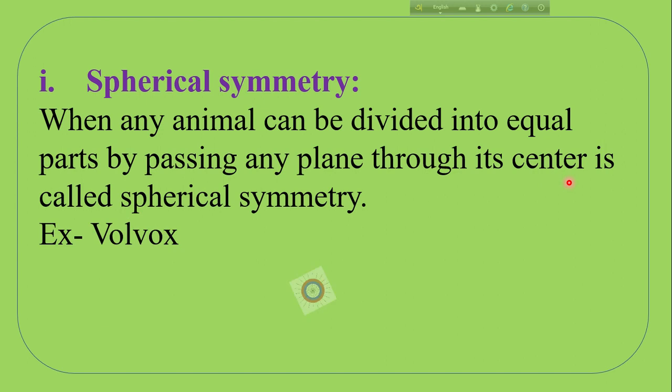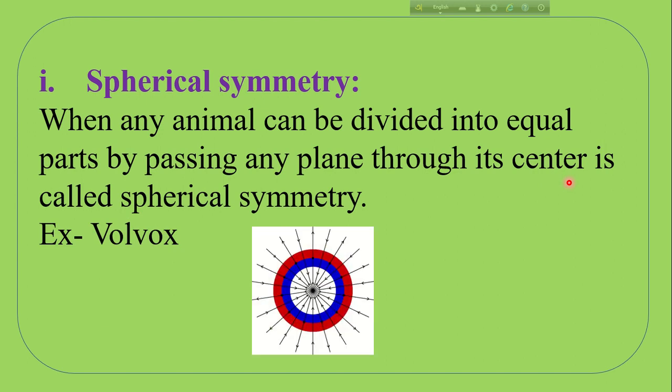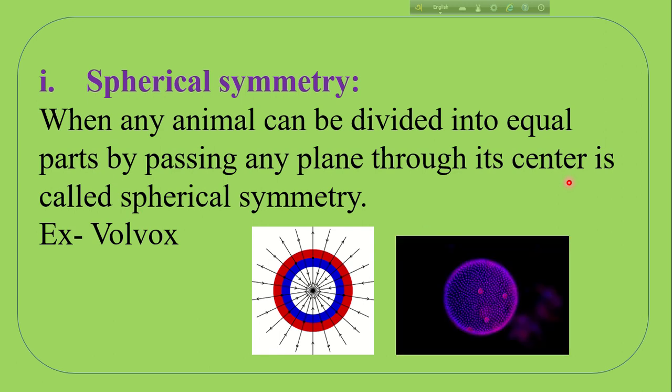Example, Volvox. This type of symmetry is called spherical symmetry. We may divide it in many ways, many parts, but they will be the same. Volvox is spherically symmetrical.